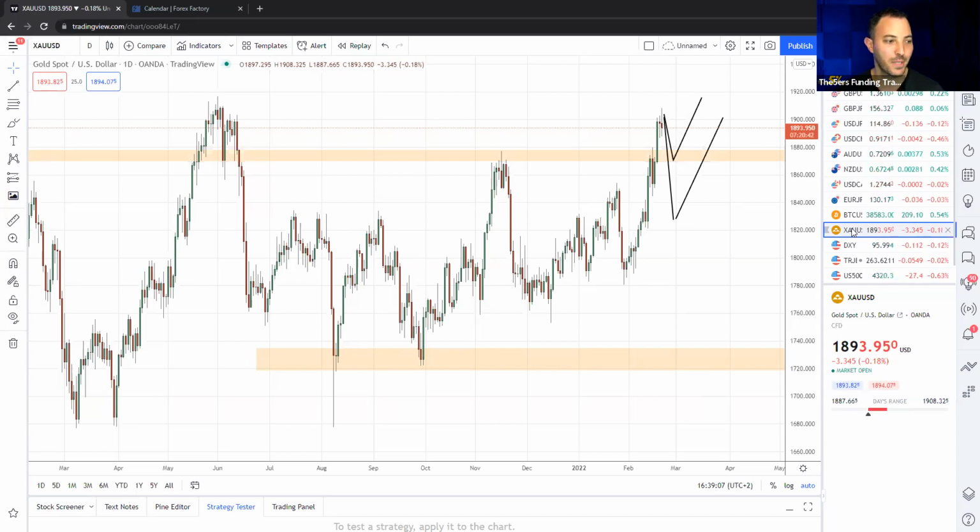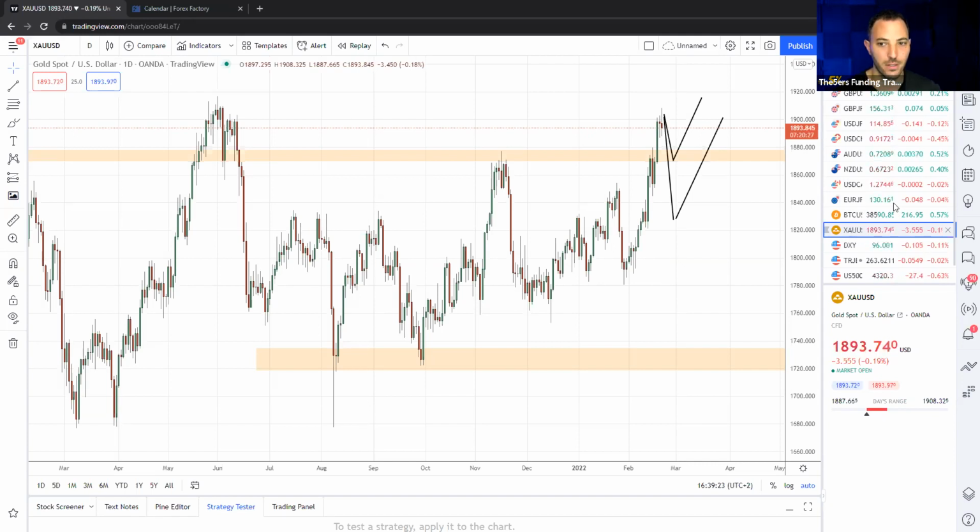Samuel, relevant psychological price levels. I don't really look at those. Usually at psychological levels, you tend to see the demand and supply areas being formed.